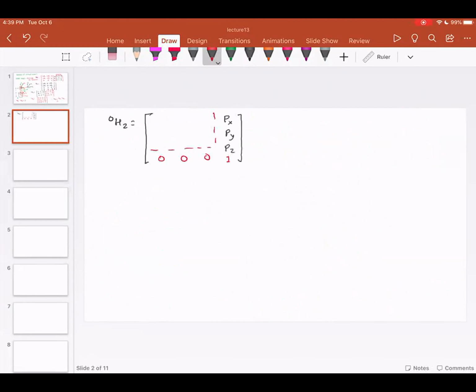We are going to grab Px, Py, Pz from this matrix and use the MATLAB command called Jacobian. If you have MATLAB 2020, the command is Jacobian, and in parentheses, first you enter Px, Py, Pz, and then a comma.